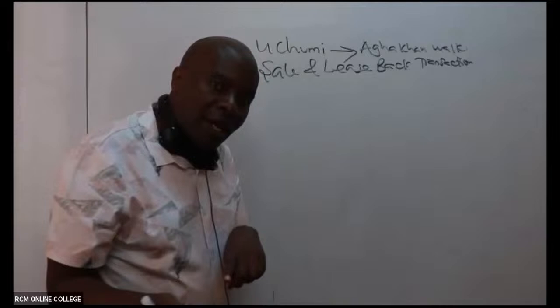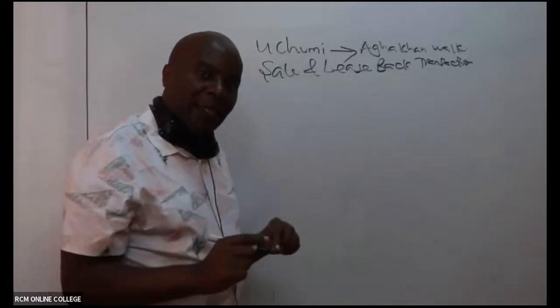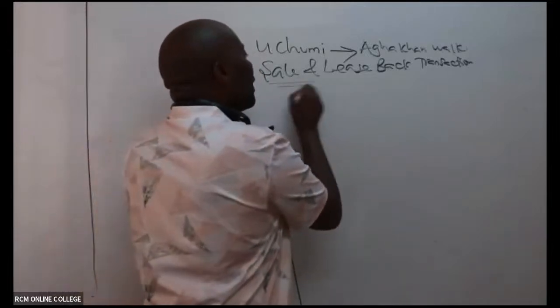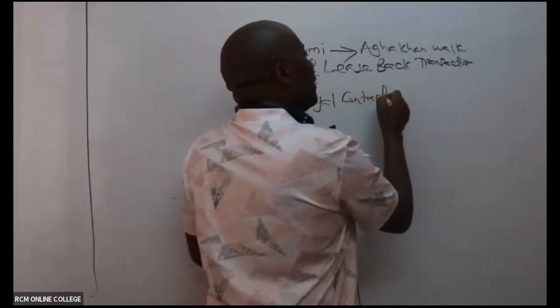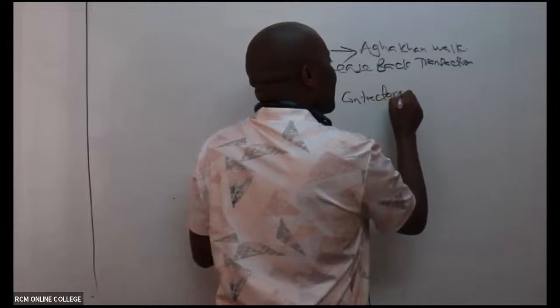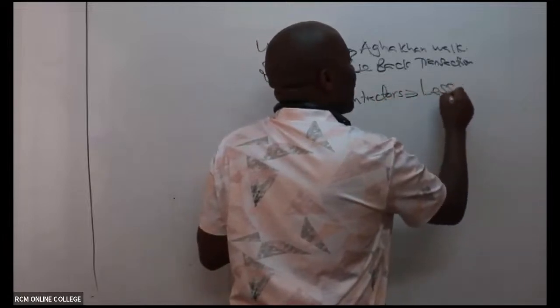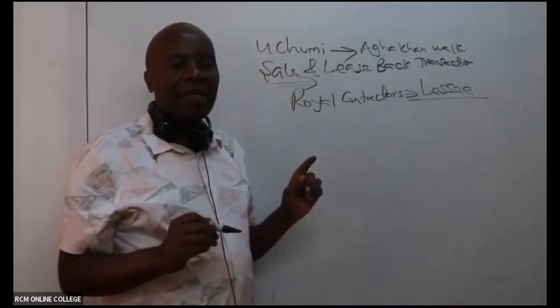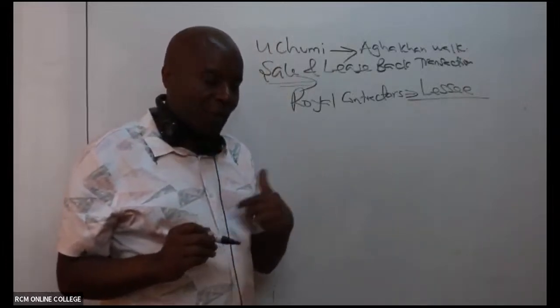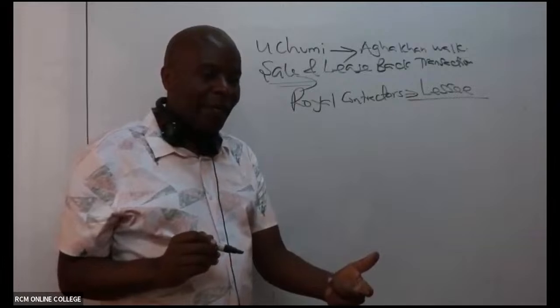They have sold and now they have become tenants. So in short, these Royal Contractors, in this transaction, are lessees, because they sold their right to be a landlord.